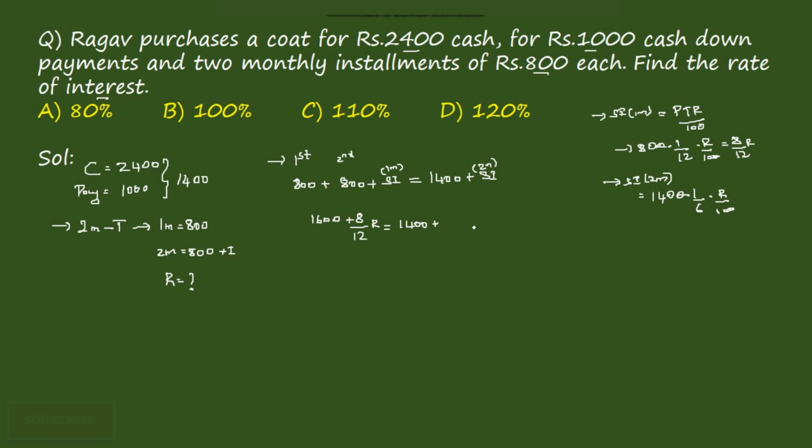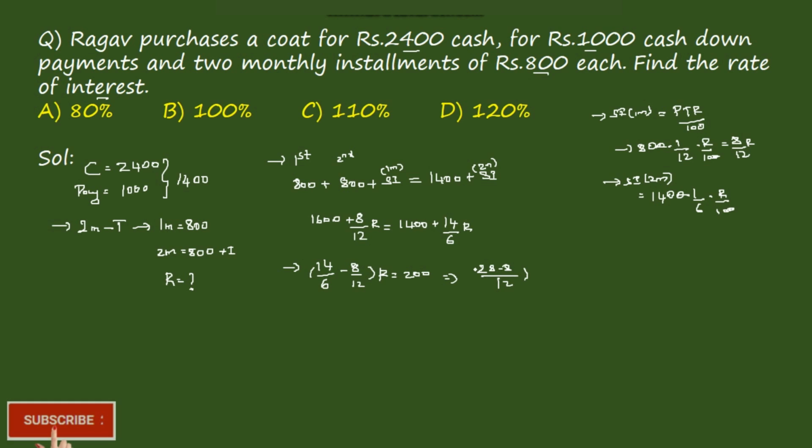The zeros get cancelled, it becomes 14 by 6 R. Just solve it: 14 by 6 minus 8 by 12 R is equal to 200, which implies 28 minus 8 by 12 R is equal to 200, which implies 20 by 12 R is equal to 200.